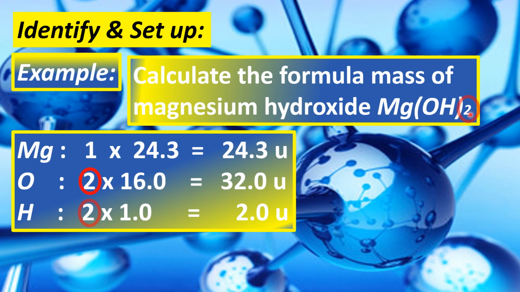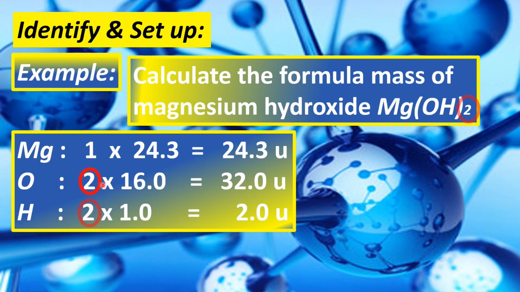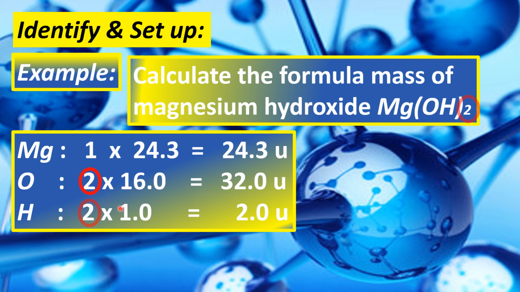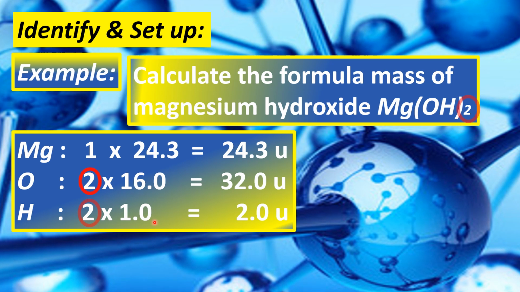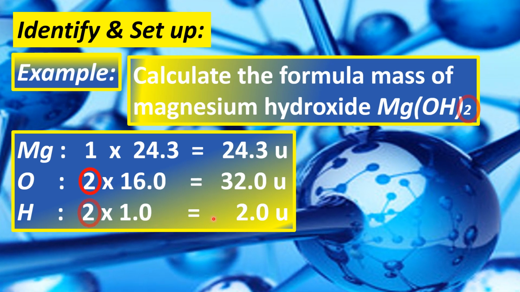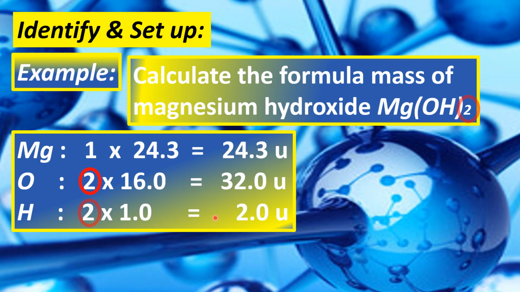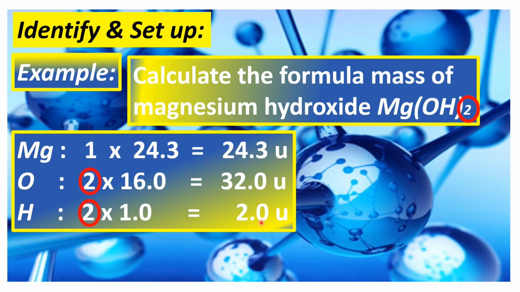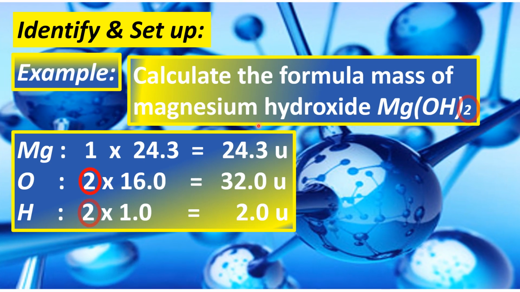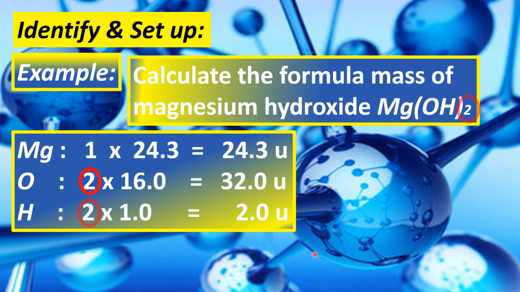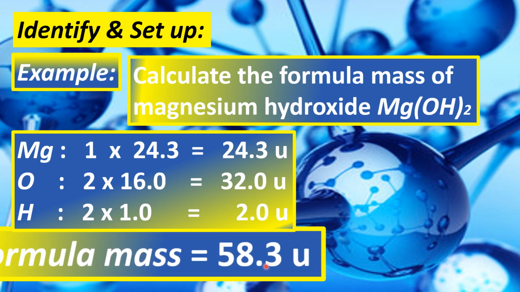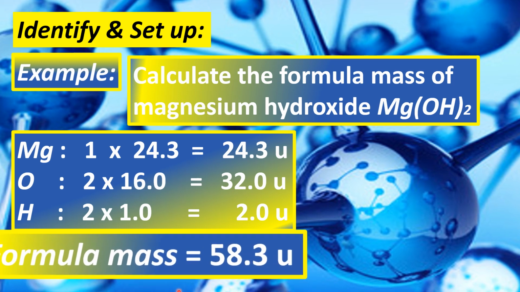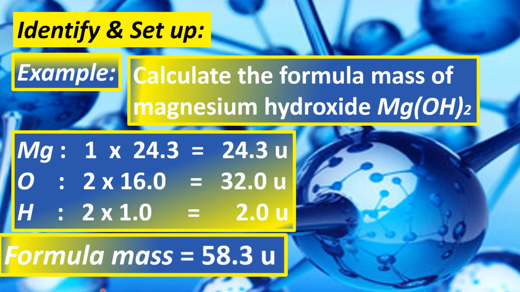So you have to multiply 2 by 1, meaning there are two hydrogen atoms. Each hydrogen atom has an atomic mass of 1.0 U. So times 2 is 2.0 U. So adding these three, we will get the formula mass of magnesium hydroxide. That is equal to 58.3 U.